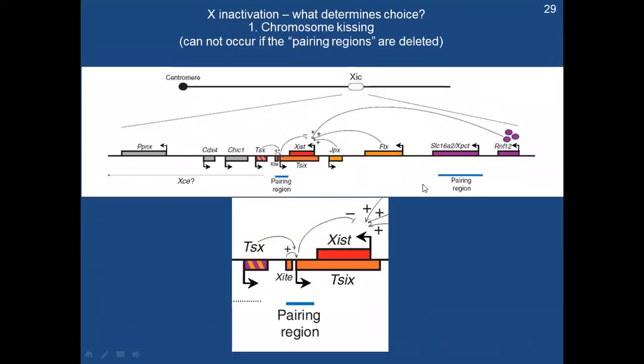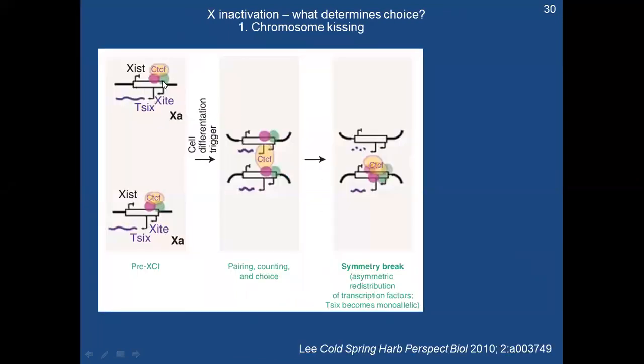This pairing region comes together. Here we see the pairing regions coming together. These are both active X chromosomes. And when they come together, the proteins which are sticking onto the two X chromosome sequences touch each other too, obviously.